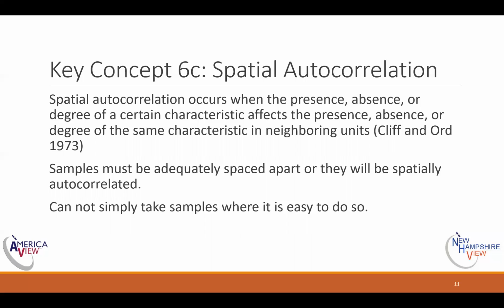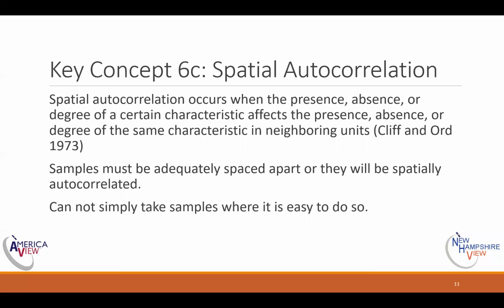It's easy to demonstrate that. Think about a great big cornfield, something that's thousands and thousands of acres. You take a sample in one corner of that field, and then you go a mile away, but you're still in that same cornfield. If you called that cornfield wheat in your classification, then those errors are going to be very spatially autocorrelated.